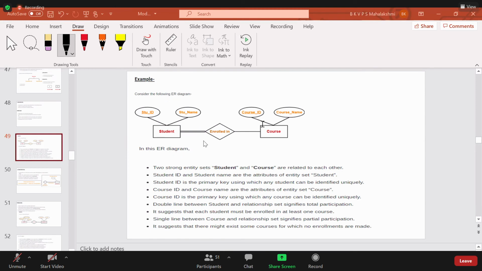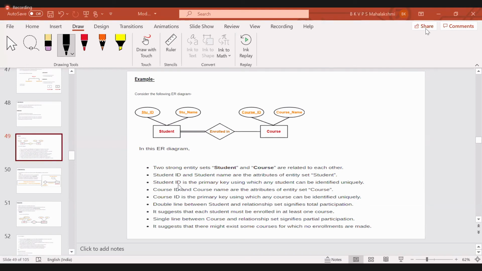So in this diagram, tell me how many of the entities are there? Answer me, please. Instead of sending the messages, answer me.